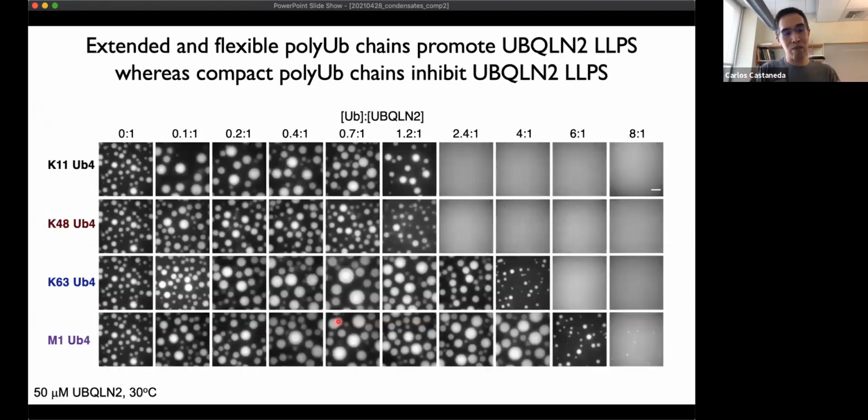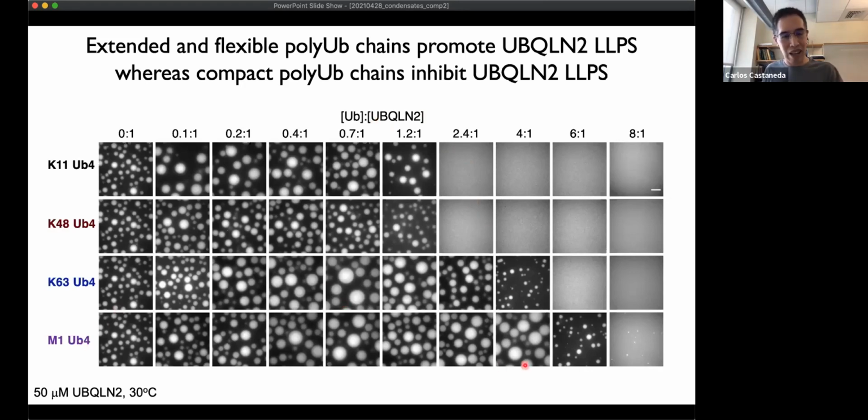So we made these chains and repeated the same experiment that I showed earlier, where we added K11 tetraubiquitin or M1 tetraubiquitin to ubiquilin. What I think you can see is that K11 and K48 had really similar behavior. They're both largely driving the elimination of phase behavior by the time we reach 2.4 to 1 ubiquitin to ubiquilin ratios.